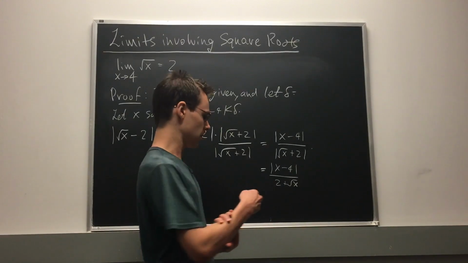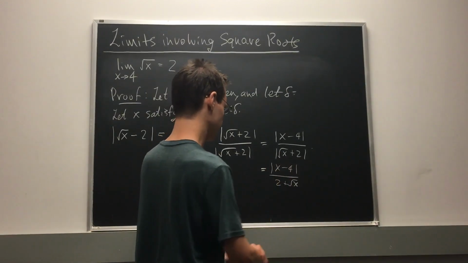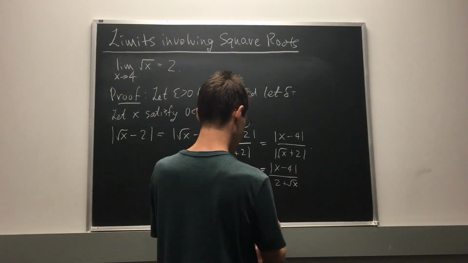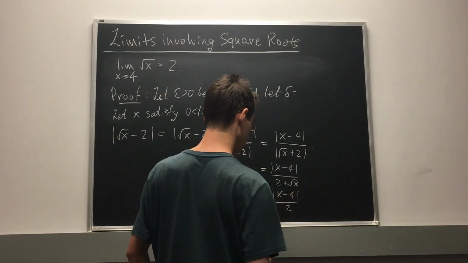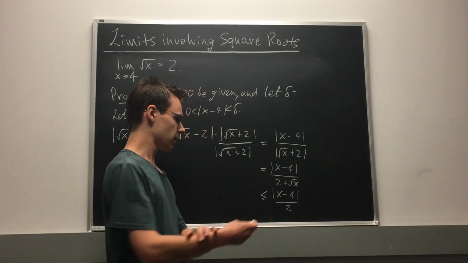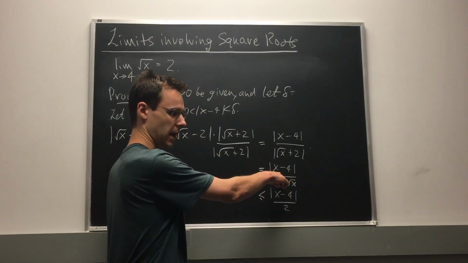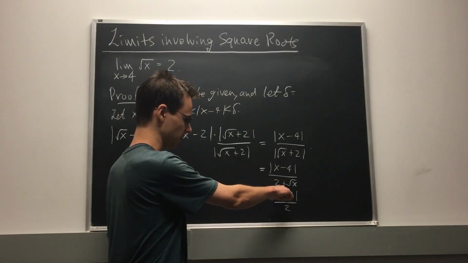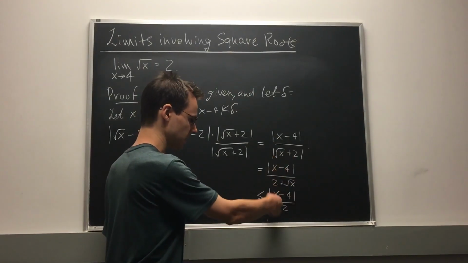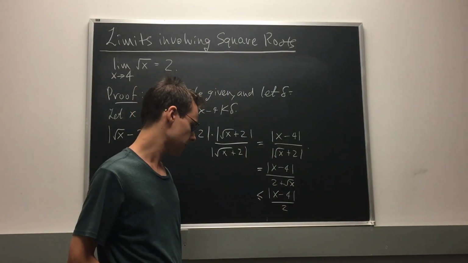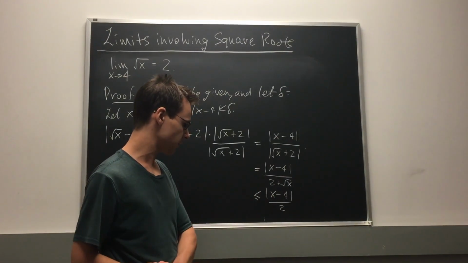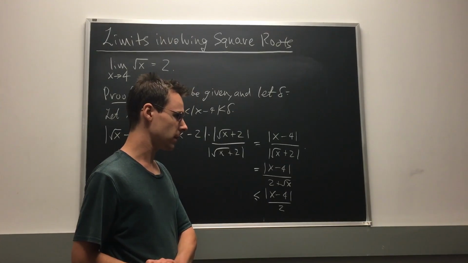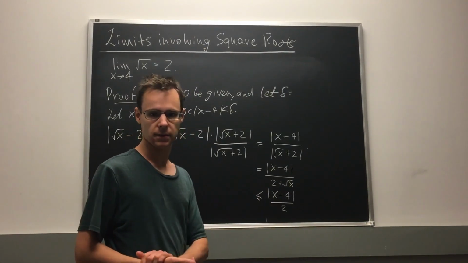Which means that this entire fraction is less than |x - 4| over 2. Actually less than or equal to. Okay? We've taken the denominator and replaced it with something smaller. That makes the entire fraction bigger. Okay? So this is looking good. This is less than or equal to |x - 4| divided by 2, and now we have just delta and constants.